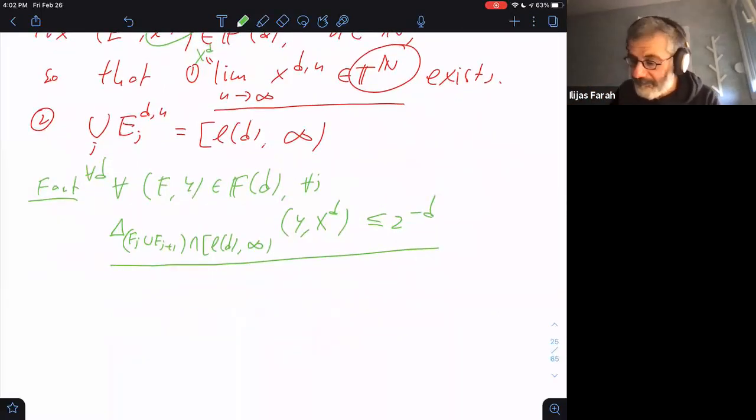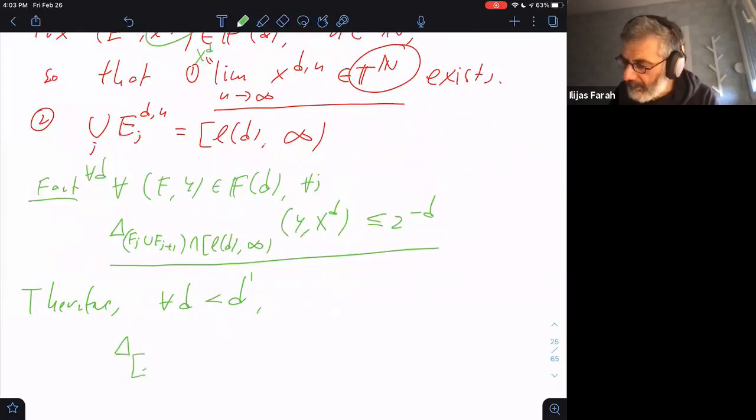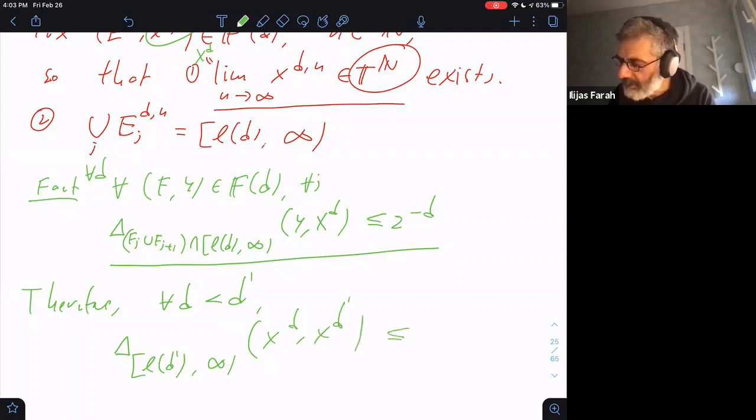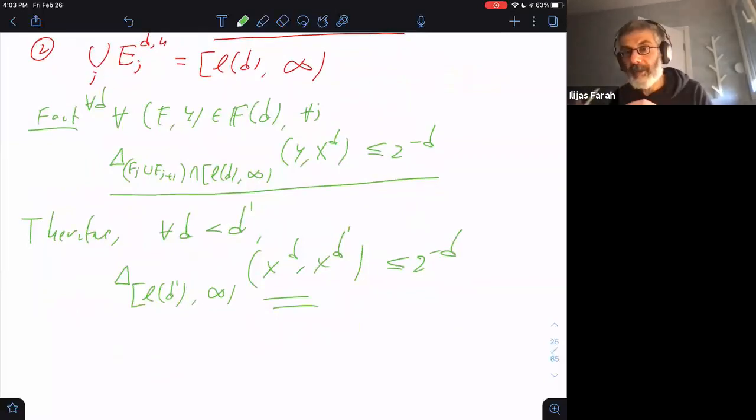So what this means is that therefore, for all D less than D prime, if I look at delta from L of D prime to infinity of X^D to X^{D'}, this is less or equal than 2 to the minus D, because they both belong to this bigger homogeneous set.